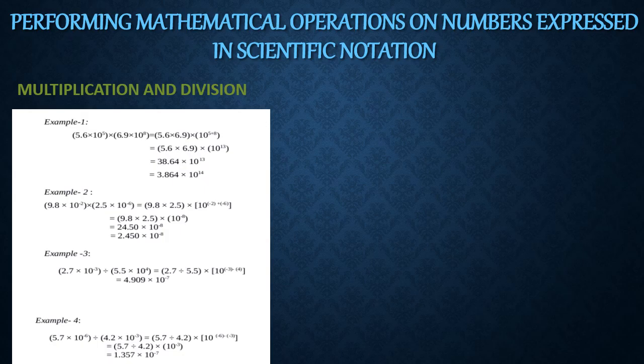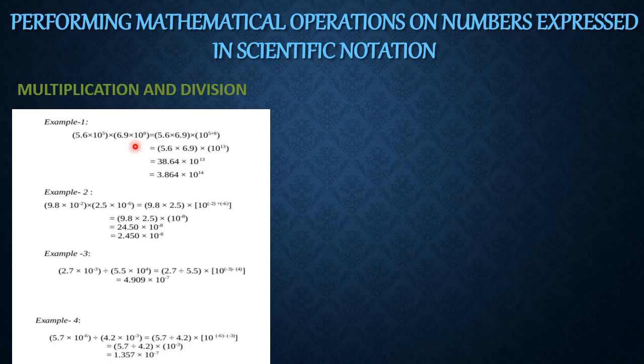This example is not discussed in the previous topic. This is multiplication and division. Example number 1: 5.6 into 10 to the power 5 into 6.9 into 10 to the power of 8.